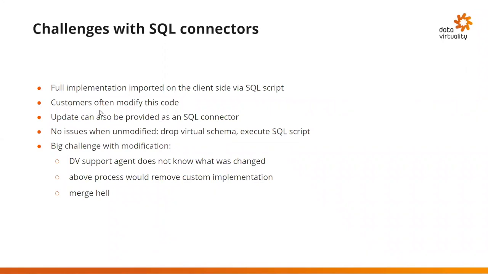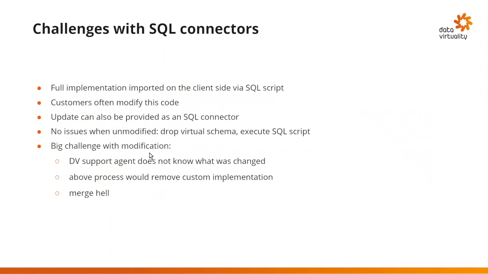But this is sometimes a challenge when an update is happening, right? So we would then say, okay, we got a new version of this connector. We would provide the update also as a SQL connector, and when it's unmodified, it would be simple. Just drop the schema, drop the data source probably, and execute the SQL script, and you have the new version.